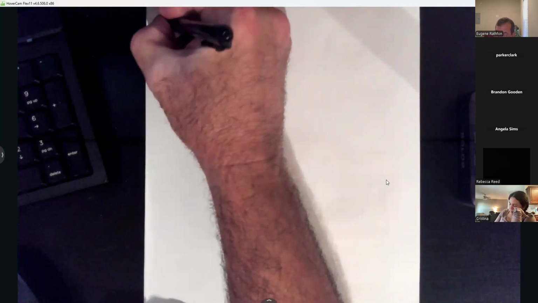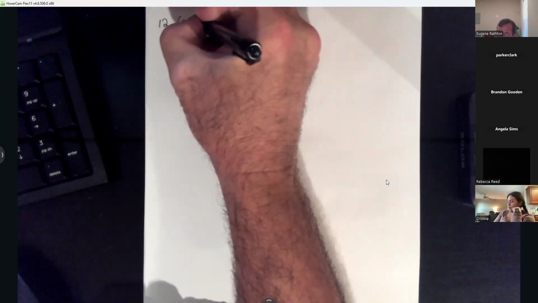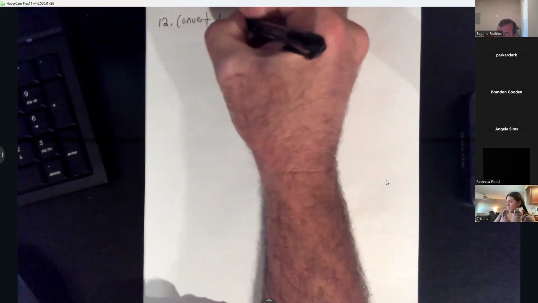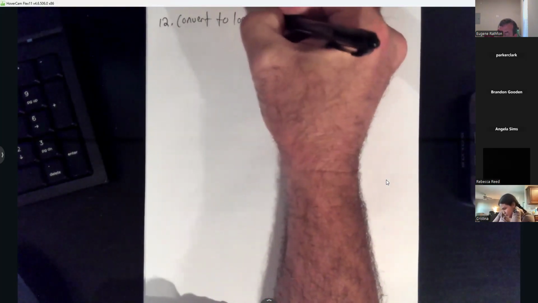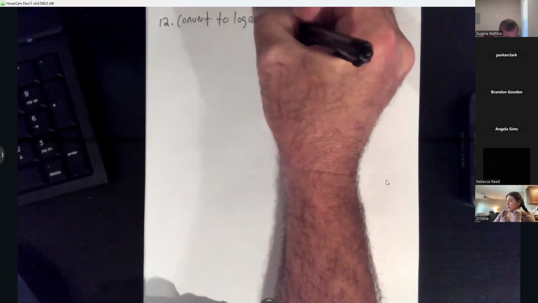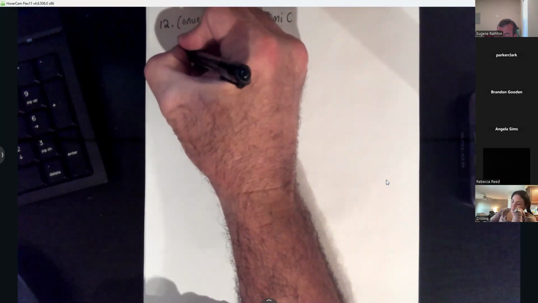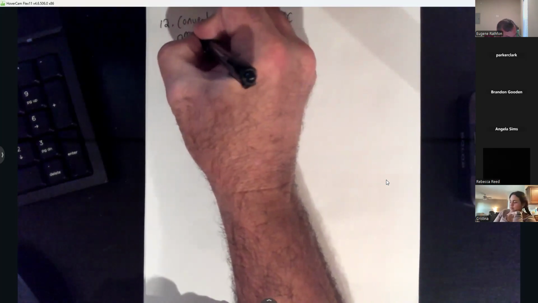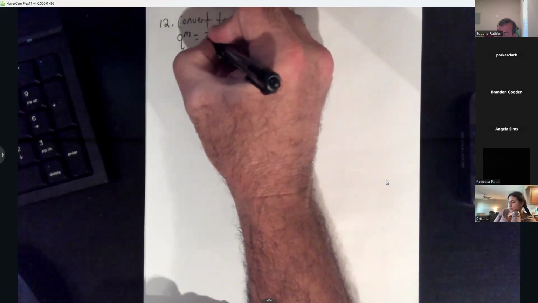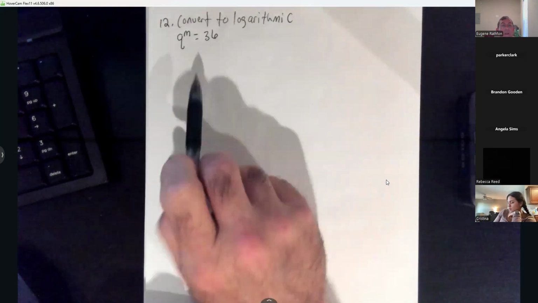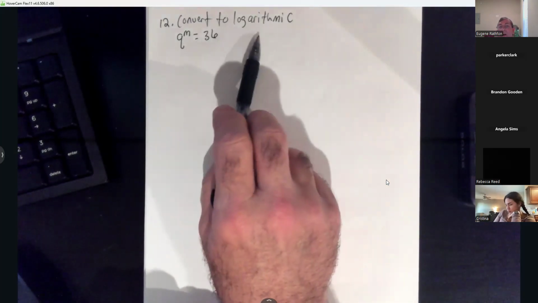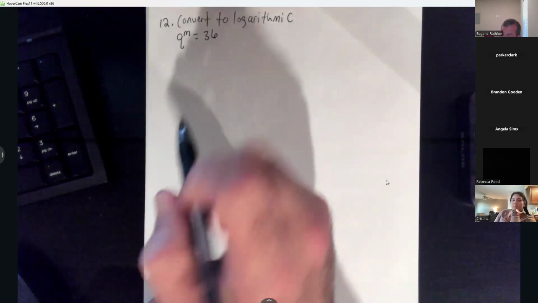Number 12, we're going to convert to logarithmic. So they're going to give you an exponential. They're giving me q to the m equals 36. So if I'm going to convert this to logarithmic, I need to write log.